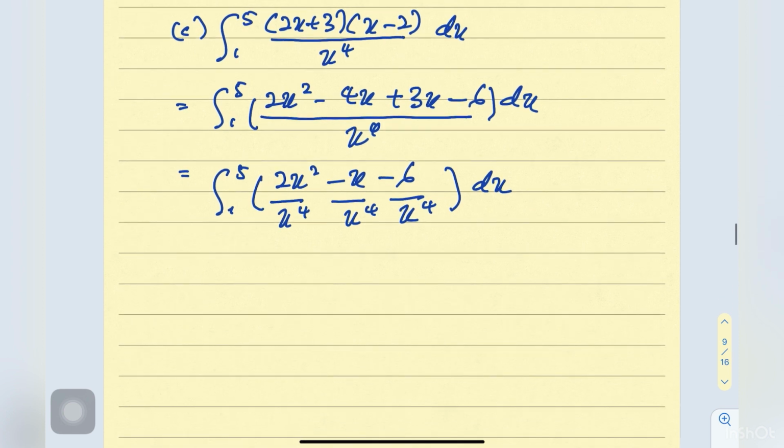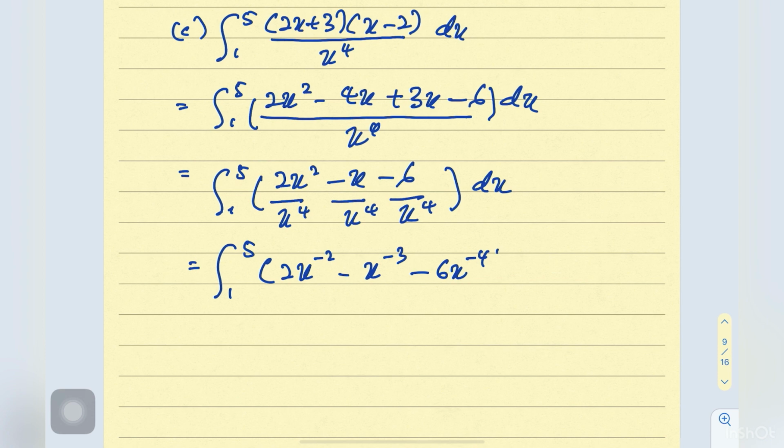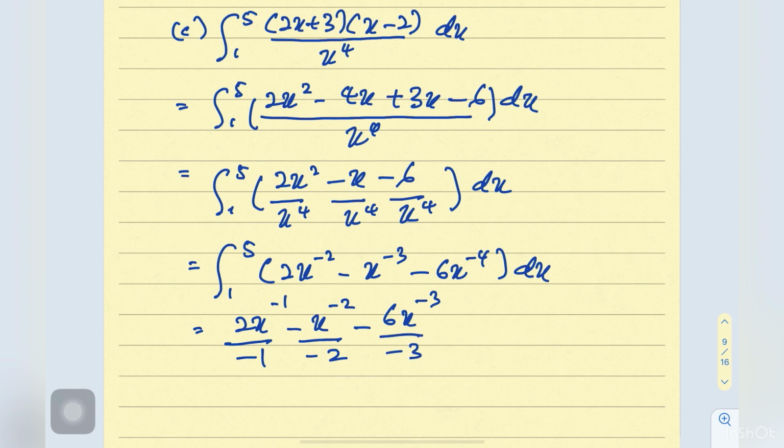Then we simplify, from 1 to 5: 2x to the power of negative 2 minus x to the power of negative 3 minus 6x to the power of negative 4. Then we integrate one by one. So this one, 2x to the power of negative 1 over negative 1, minus x to the power of negative 2 over negative 2, minus 6x to the power of negative 3 over negative 3.